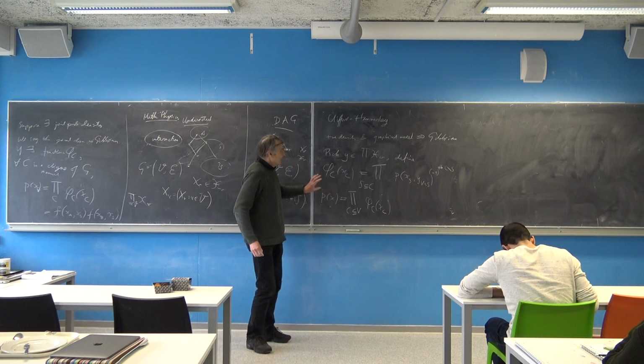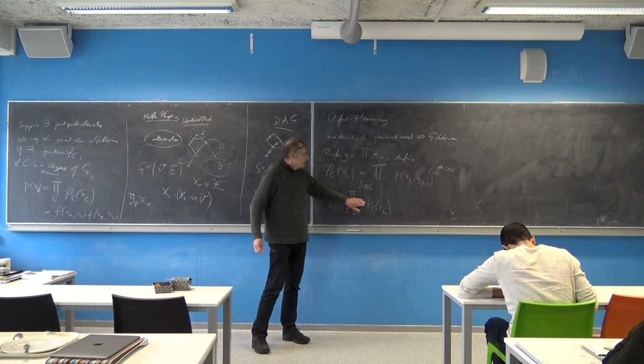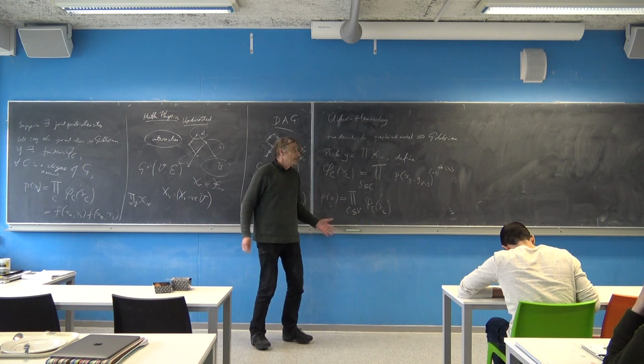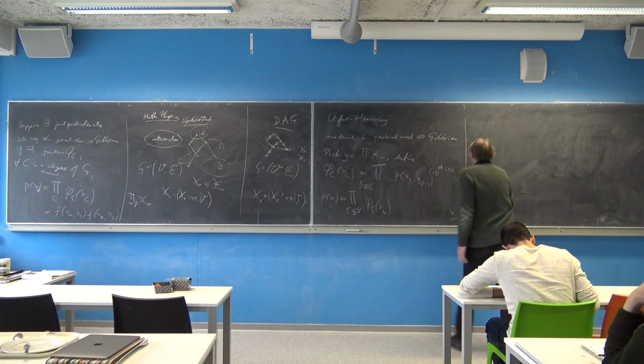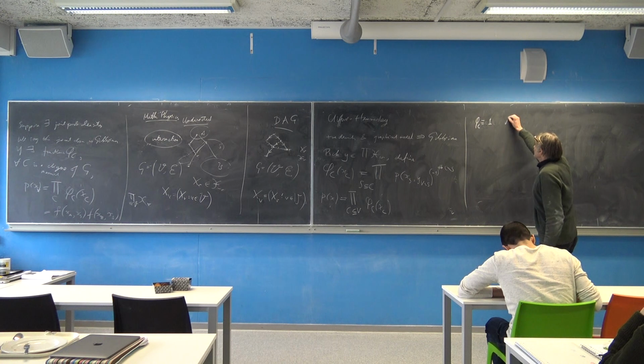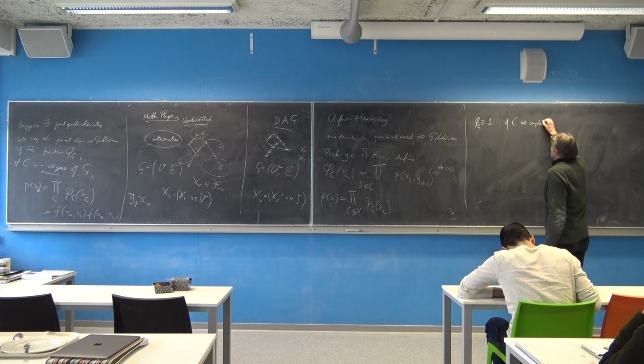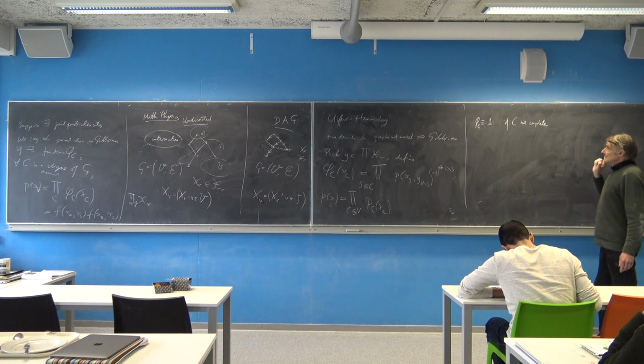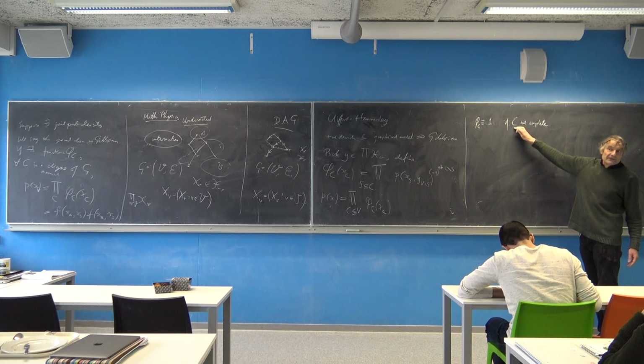Okay, so we know that, so it remains to be proven that phi C is identically 1 if C is not complete. Phi C is equal to 1 if C is not complete. So we pick a C which is not complete.